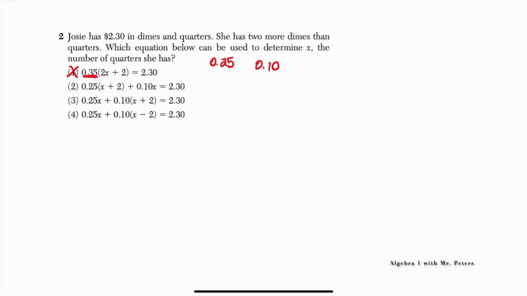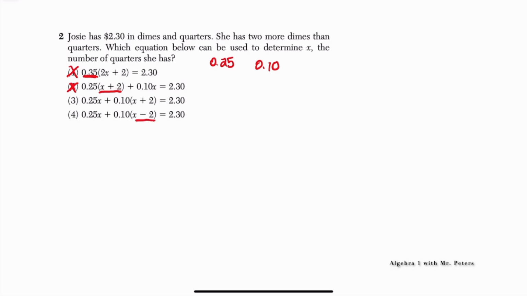Now, when we look at the second answer choice, the reason why this is wrong is because of the x plus 2 for the 2 more dimes than she has quarters, right? This is the opposite. They're saying that she has 2 more quarters in comparison to dimes. So that's wrong. Now let's say we go over to answer choice 4.